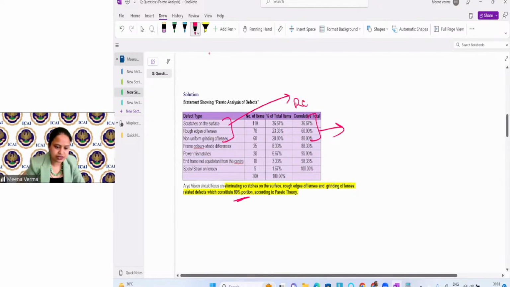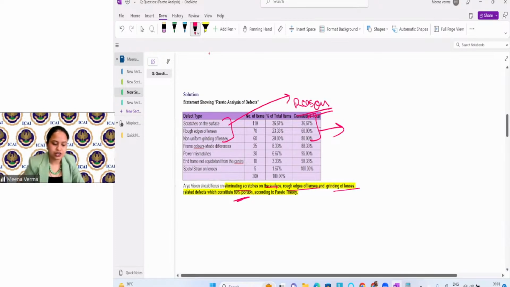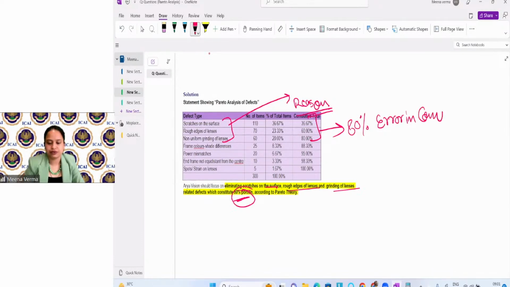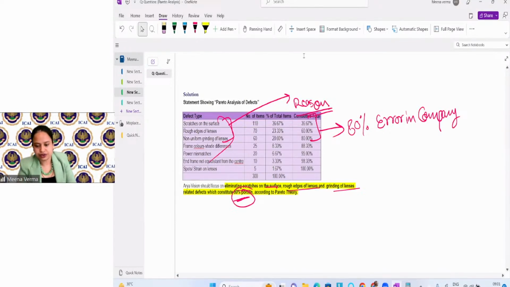It is written: eliminate the scratches on the surface, rough edges of the lens, and grinding of the lens, because they are related to 80% of the error in the company. That's it. All right.